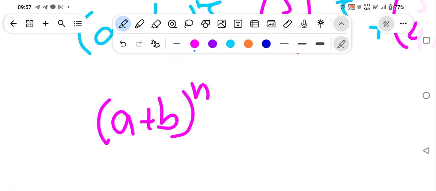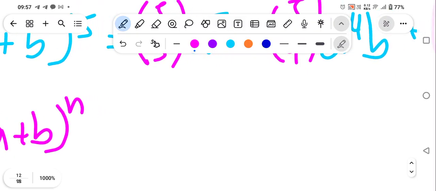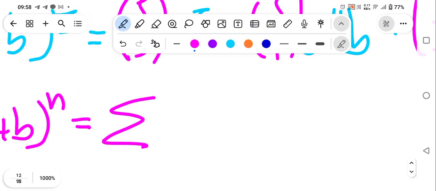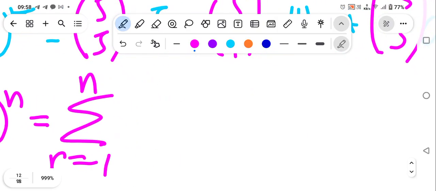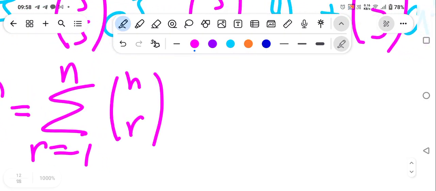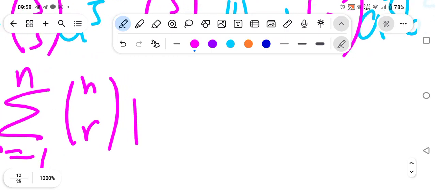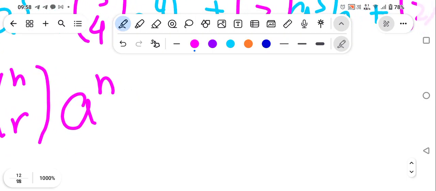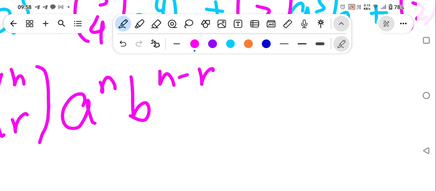So (A plus B) to the power n. This is the actual binomial theorem. I'm not lying. So we have the sum of r equals 1 to n of n choose r, times A plus B here, A power n, B power n minus r.